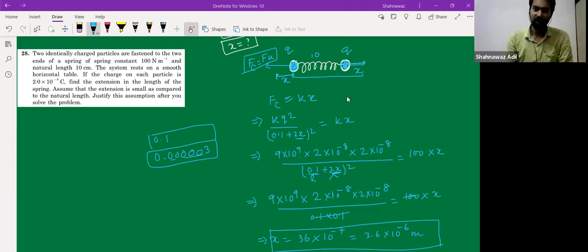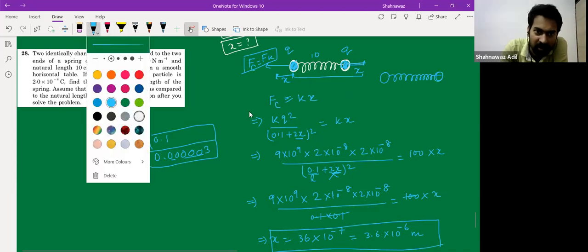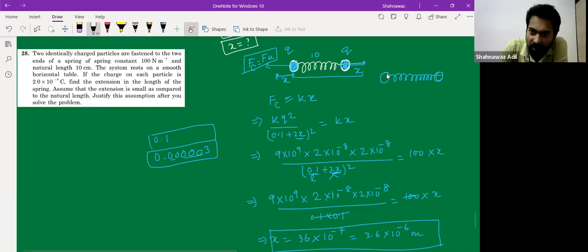Yes. So firstly, let us draw what was the preliminary condition. You have two charges, and a spring was connected. These are like charges, so this will repel and come to this point.